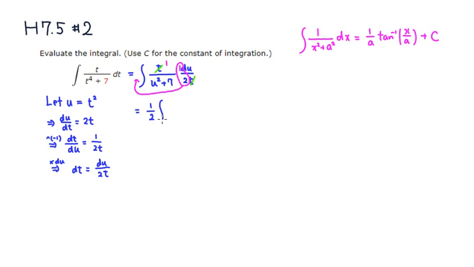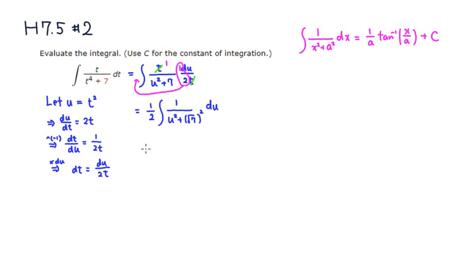Then we have an integral of 1 over u squared plus, I'm going to write 7 as the square root of 7 squared, so it fits the format exactly, and then we still have du. Remember that the integral of 1 over x squared plus a squared with respect to x is 1 over a arctangent of x over a plus some constant c. This fits exactly the format, where a is equal to the square root of 7 here.